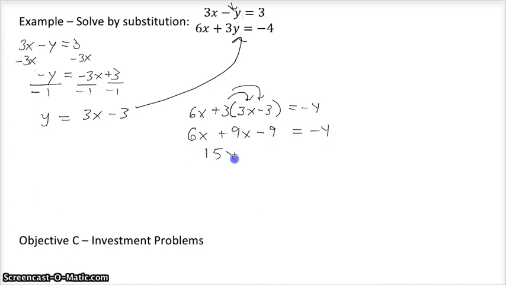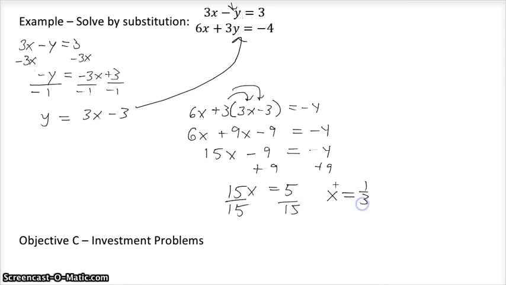So I have 15x minus 9 equals negative 4. I add 9, so I get 15x equals positive 5. Divide by 15. I get x is equal to 1/3. So the x coordinate is a third. It's a fraction, but it still is possible.